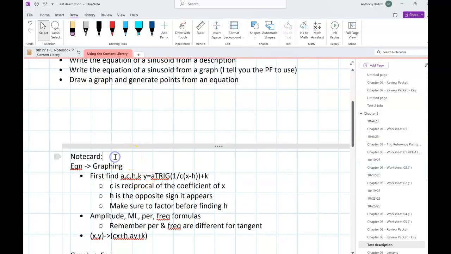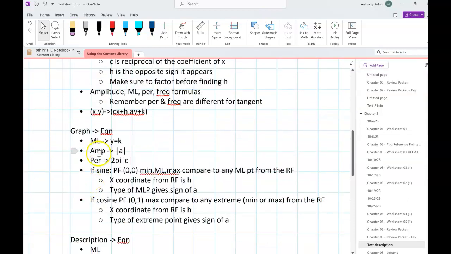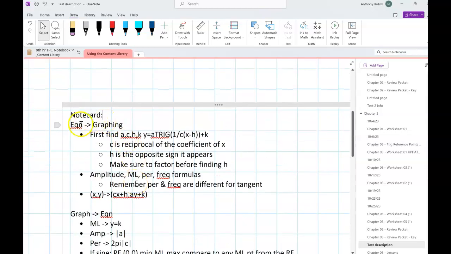So if it's me and I'm building out my note card, I might arrange my note card based on the things I need to do for each one of these 3 problems. If I want to take an equation and generate a graph, the first thing I want to do is find the A, C, H, and K. To do that, I need to write my function in the general form, so I wrote that down.